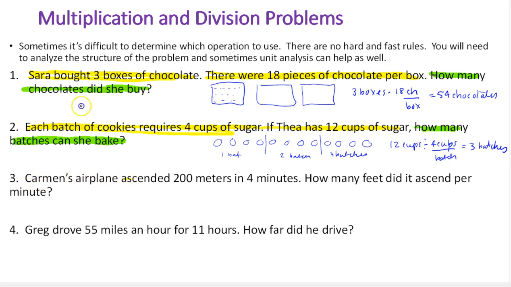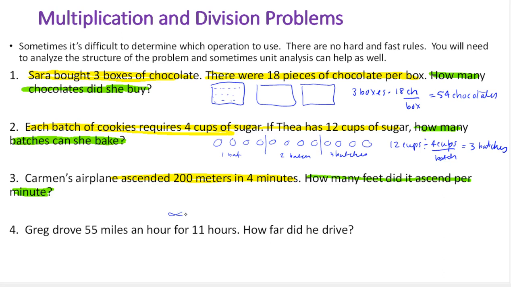Carmen's airplane ascended 200 meters in 4 minutes. How many feet did it ascend per minute? Okay. So do we multiply these? Do we divide these? Let's think of what this might look like. So maybe you can imagine a plane.